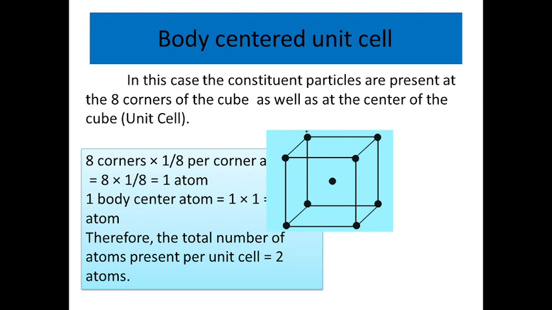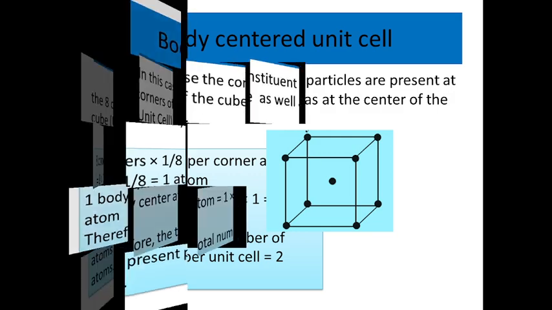The 8 corner atoms are shared with 8 unit cells, and at the center, that is 1 atom. So 1 plus 1, there are a total of 2 atoms per unit cell of body centered cubic structure.